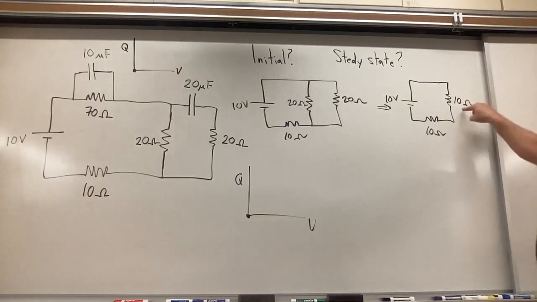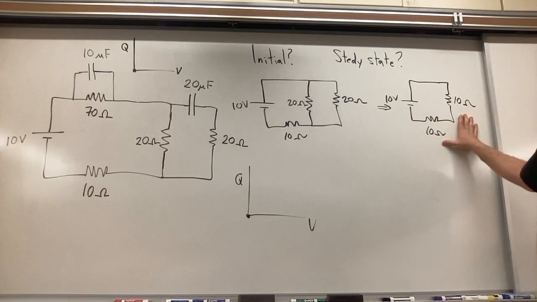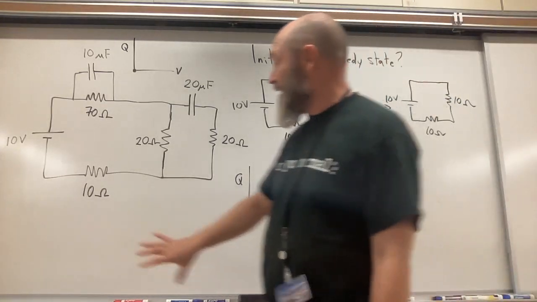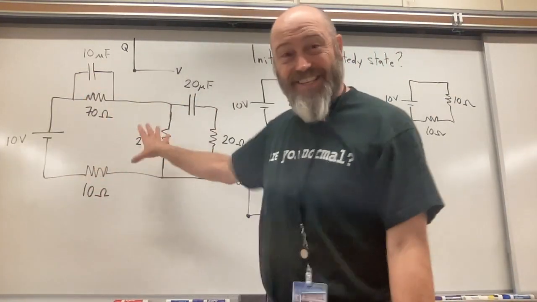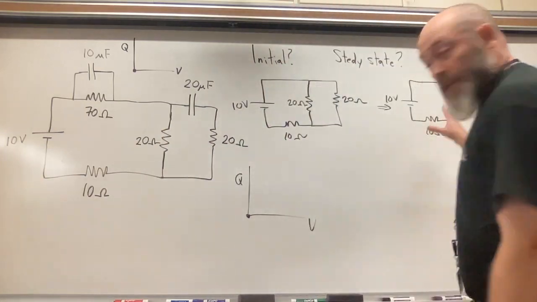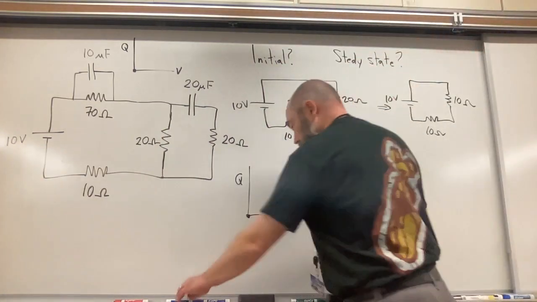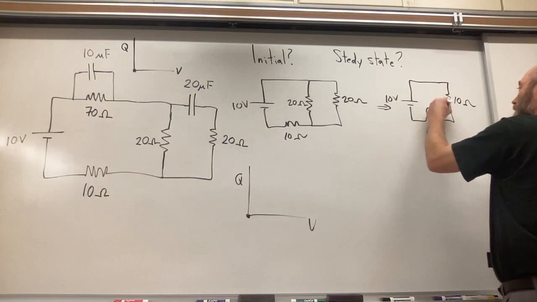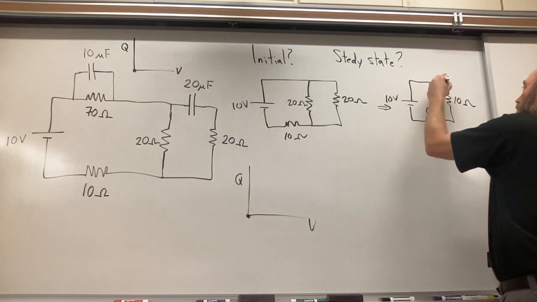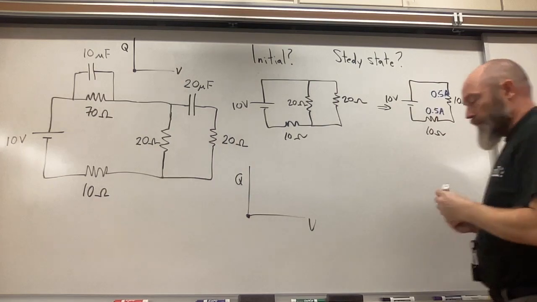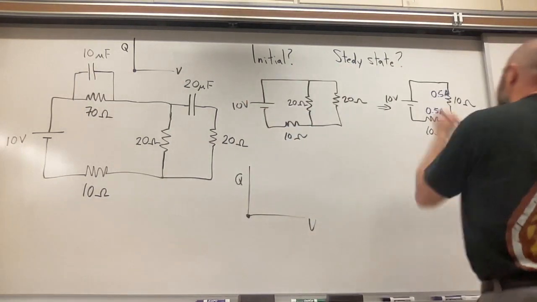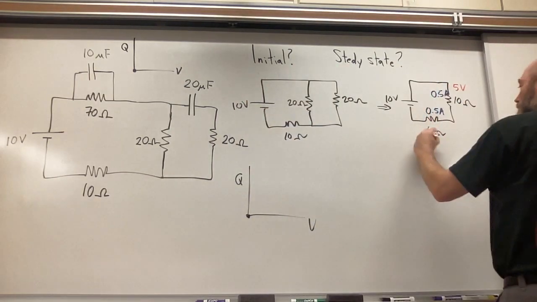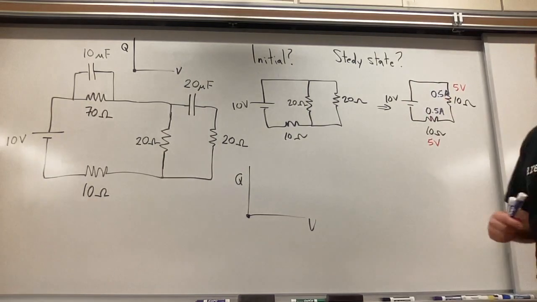Okay? But this circuit is going to have a total resistance of 20 ohms. So if I was to ask you, initially, what's the total resistance of this circuit? You would say 20 ohms, which means there is going to be 0.5 amps flowing here and here, which means there's going to be 5 volts across here and here, and then you could find the power if you needed to.